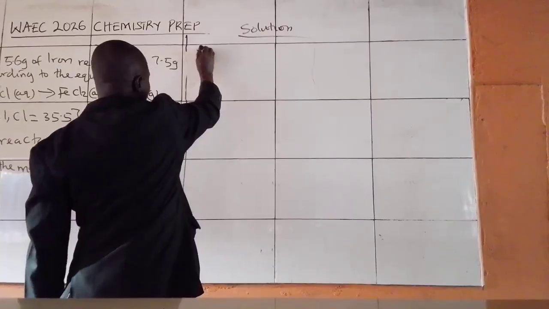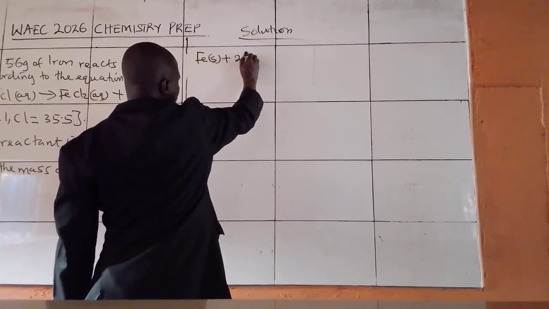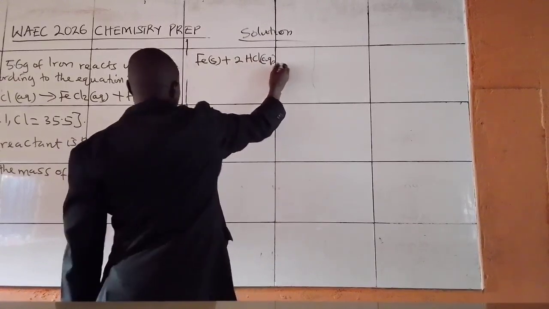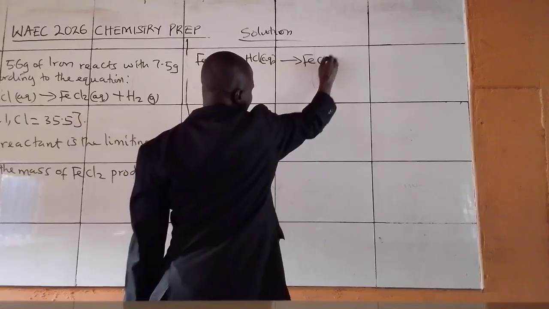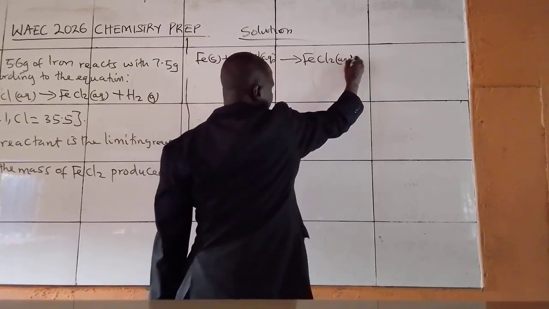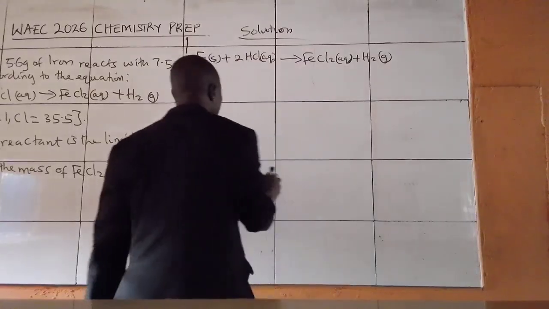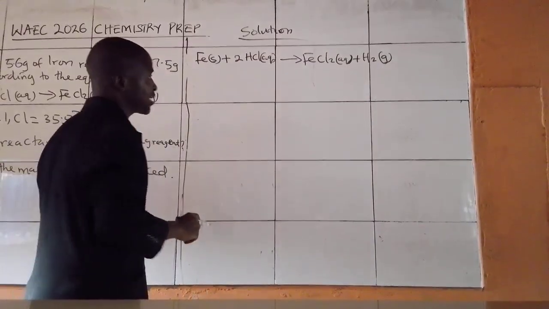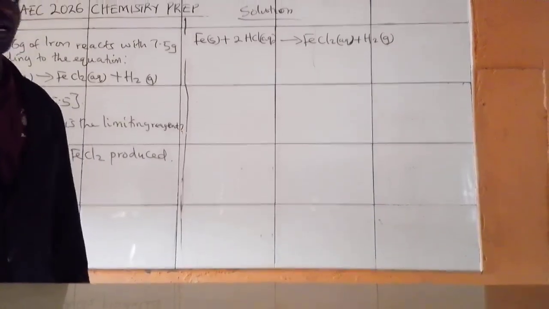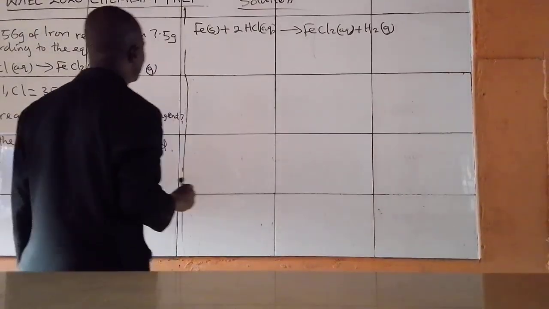Now, from the equation, we have Fe, that is iron, reacting with 2 moles of HCl aqueous to produce FeCl2 aqueous and hydrogen gas. Now, this is a question that involves mostly the aspect of limiting reagents.